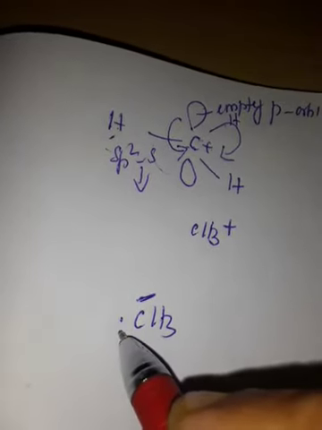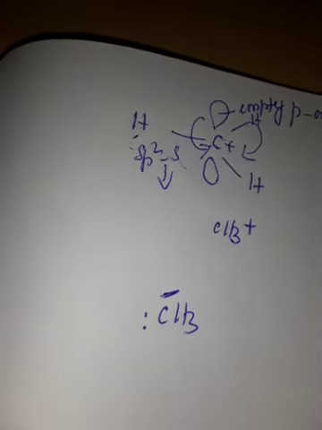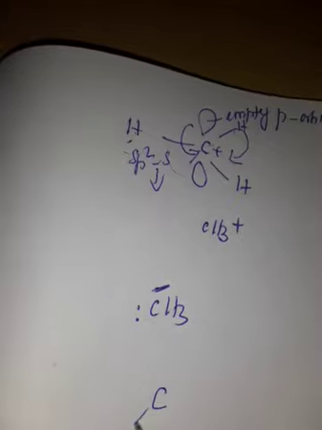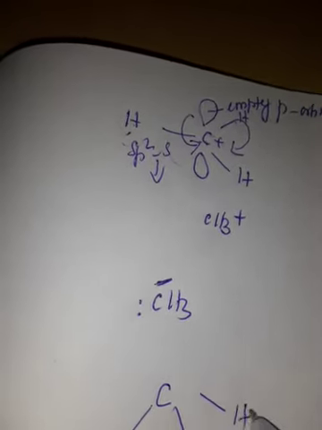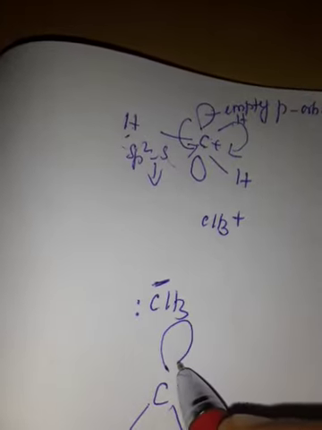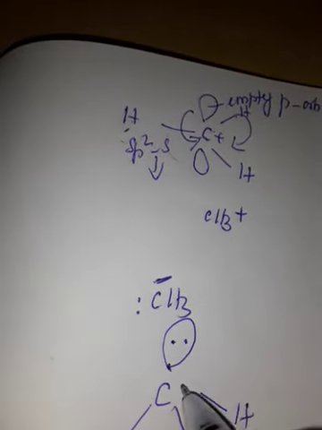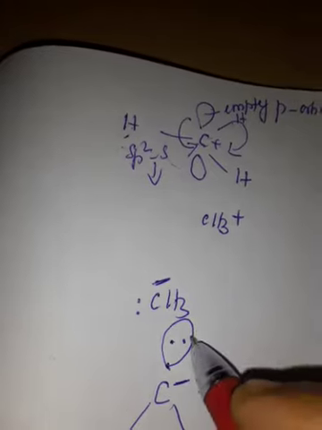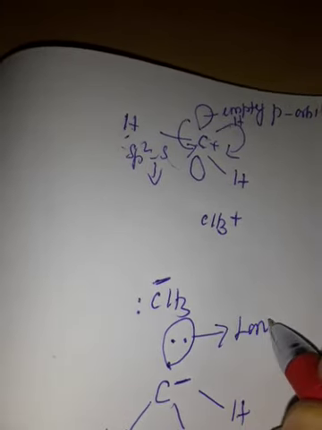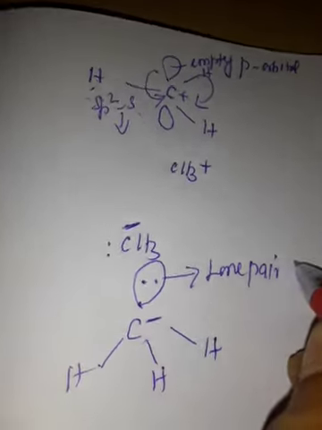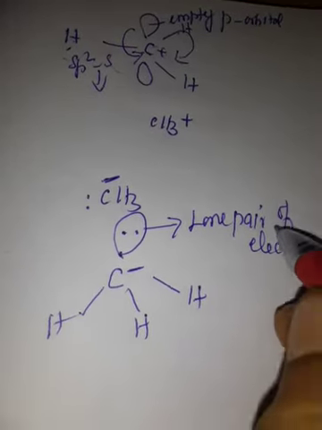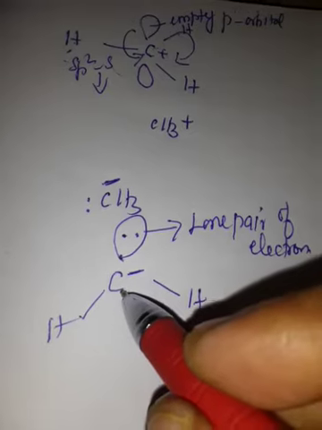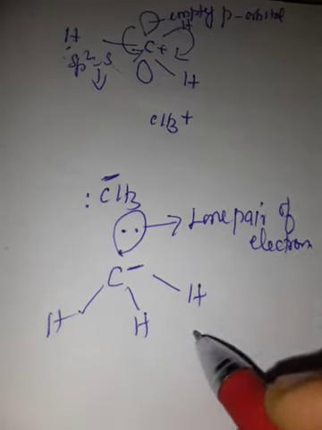Now if you are taking a carbanion, it means carbon bearing negative charge, so electron rich. Now see the structure. Lone pair of electrons. Now this carbon is sp3 hybridized.